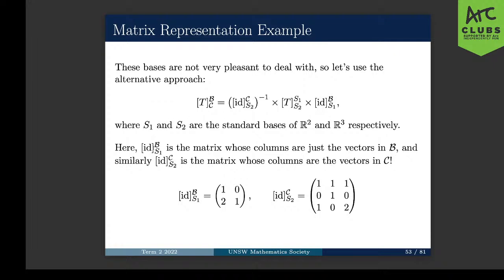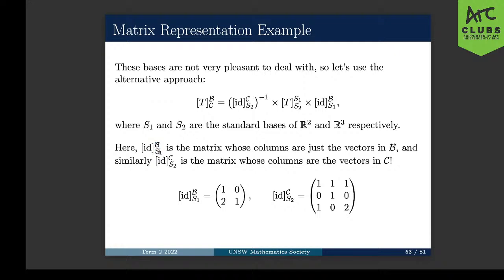Because remember, the original method that was simple to say was that we take each basis vector in the domain, apply the identity transformation, which does nothing in this case, and convert it to a vector with respect to the standard basis S1.